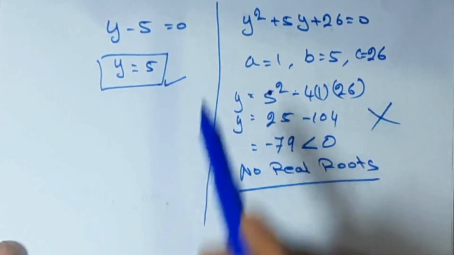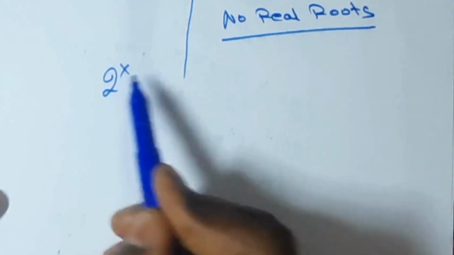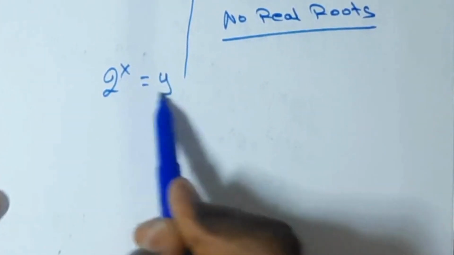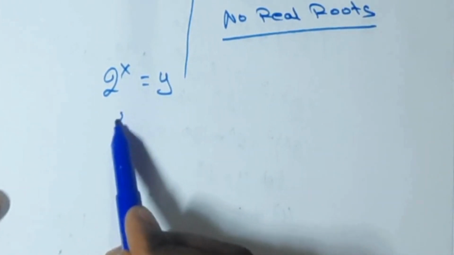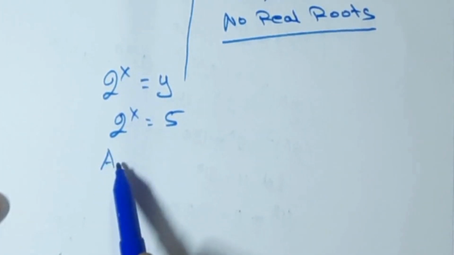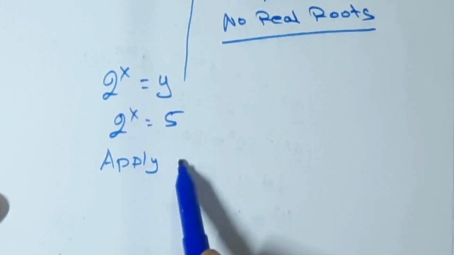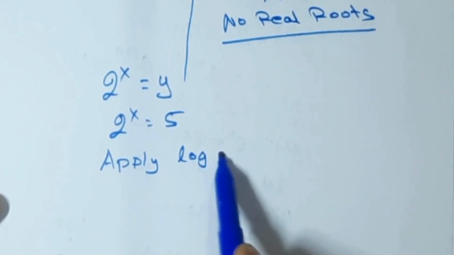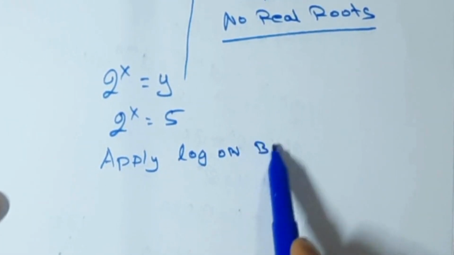So we are taking y equal to 5, 2 to the power of x equal to y. So 2 to the power of x equal to 5. Apply log on both sides.